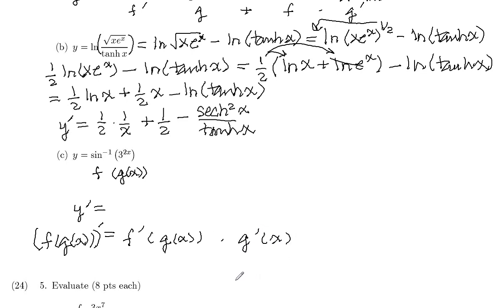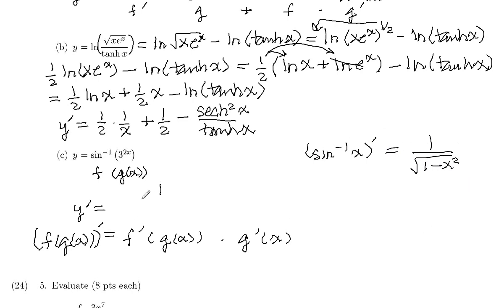Okay, so what's our outside function? Well, that's inverse sine. So remember that the derivative of inverse sine is 1 over root 1 minus x squared. So inverse sine of x prime is 1 over root 1 minus x squared. So we're going to do that same thing.